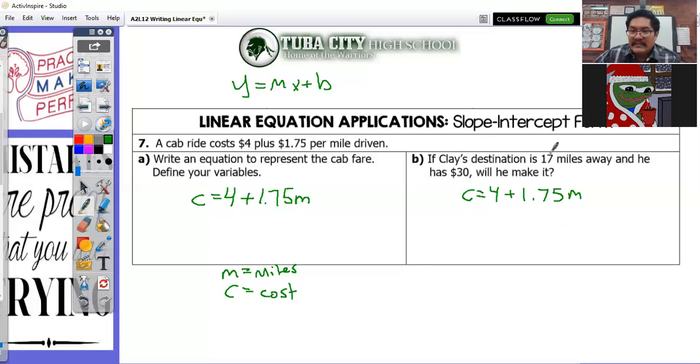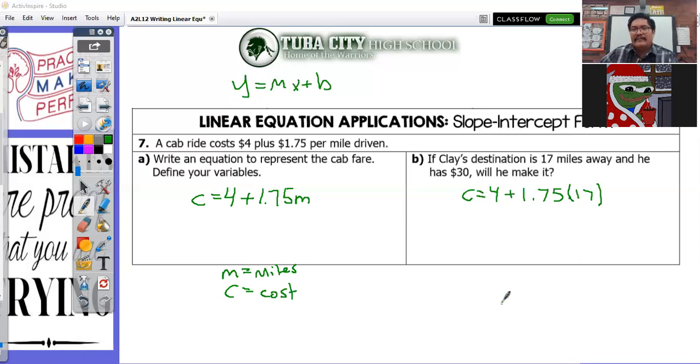So in this case here, he's going 17 miles. And since M is the miles, I'm going to go ahead and replace M with 17. I'm going to use the calculator on this one. So 17 times 1.75.